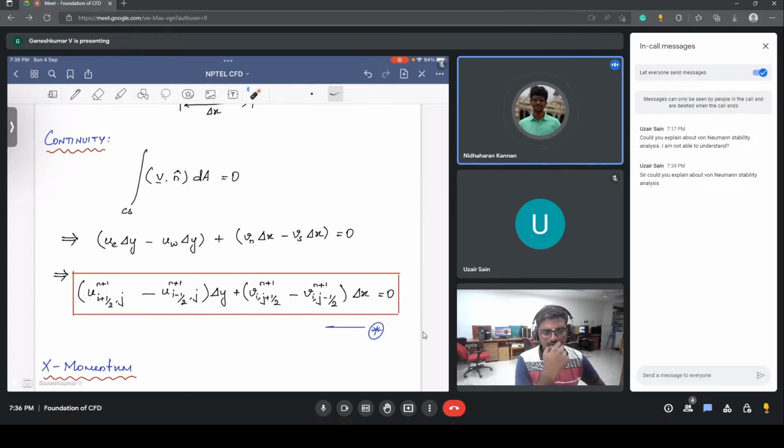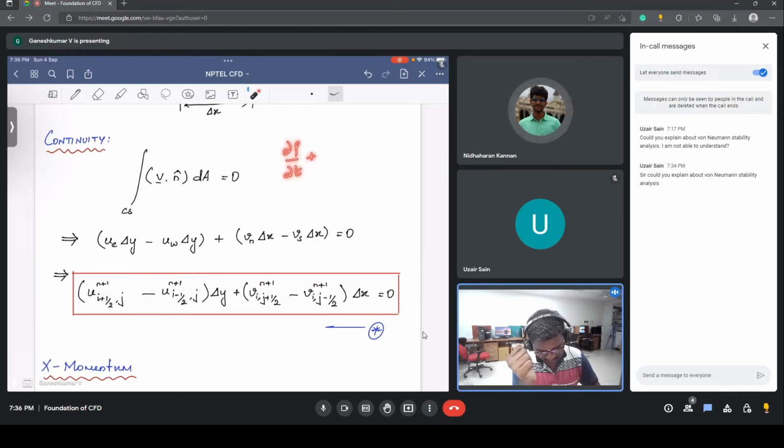Then in continuity, should we also include the unsteady time term? So the equation would be something like this, right? Dou by dou x of rho u equal to 0. This would be the equation.